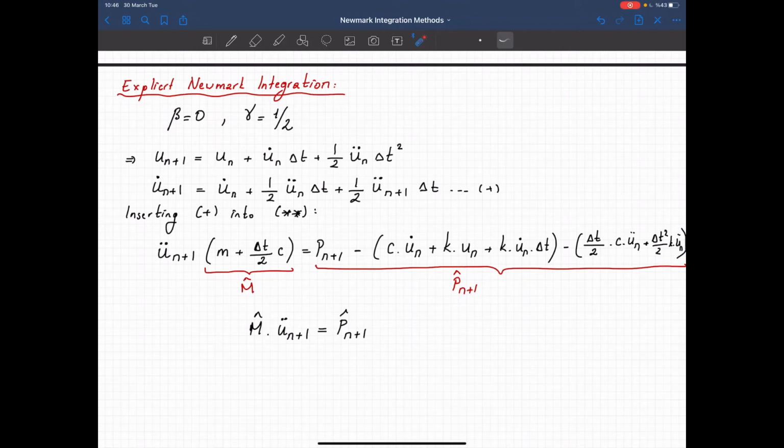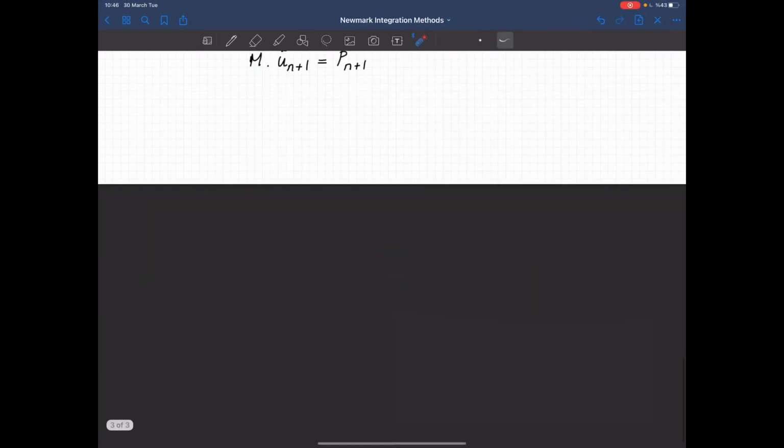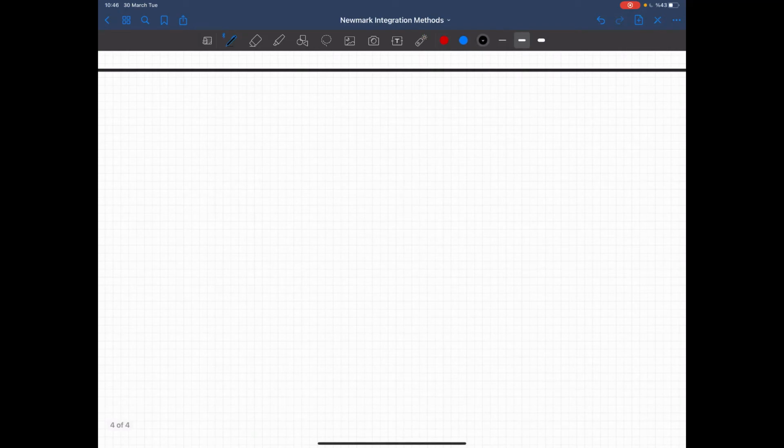Now let's take a look at the implicit Newmark integration. So for this case we use beta equal to 1 over 4 and gamma equal to 1 over 2.